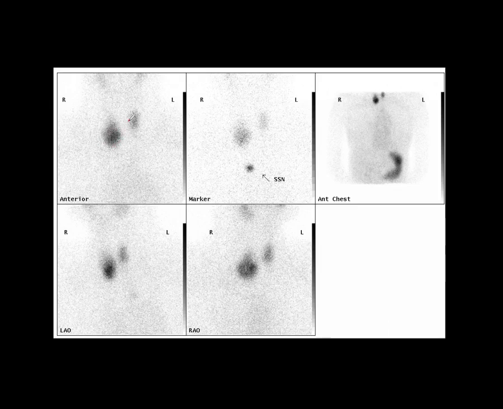It's taking up more tracer than the left, but the left side is not suppressed. So we wouldn't be able to tell the clinician that this was a dominant toxic nodule, even though it is quite large. Again, here's our stomach, the normal site of technetium pertechnetate uptake.